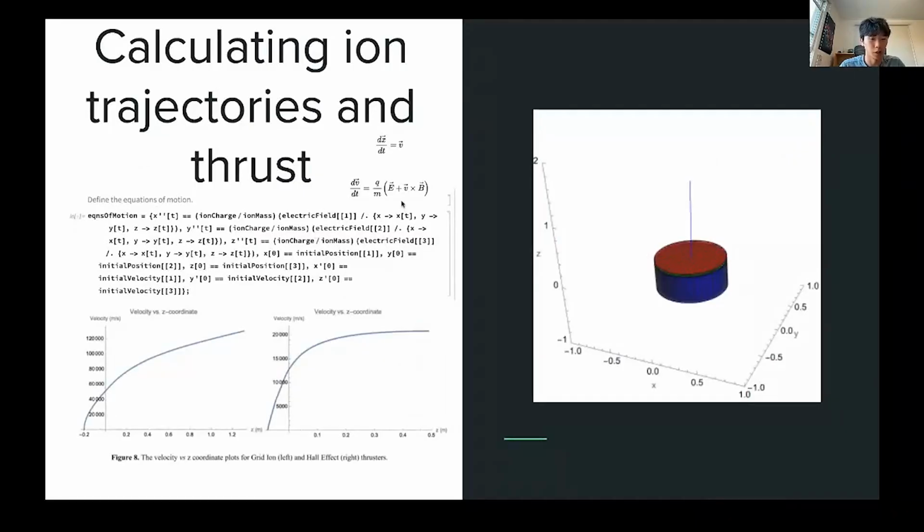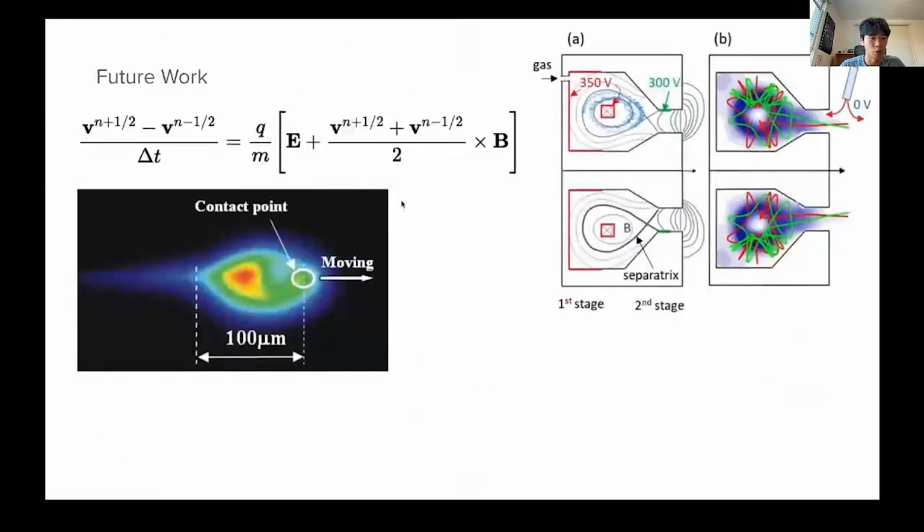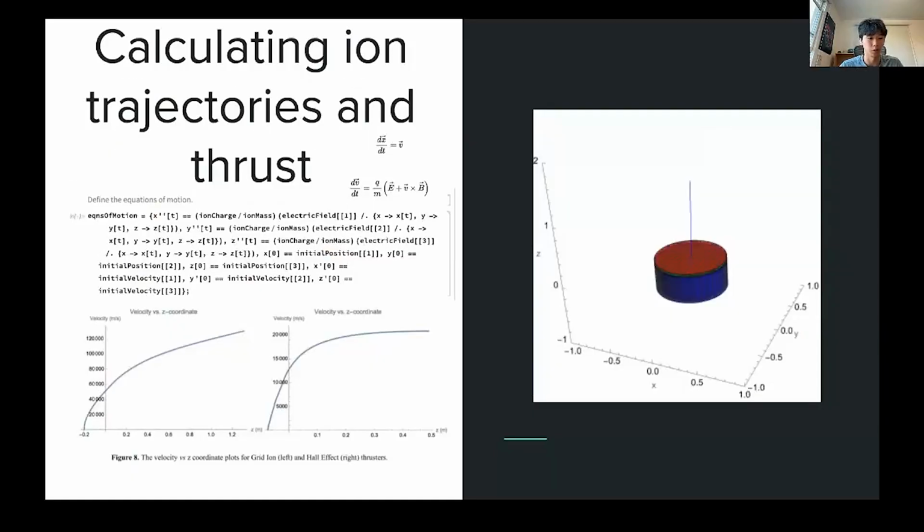I just need to add a separate temporary variable to calculate the velocity at a time step in between the current time step and halfway to the next time step, and it would be pretty simple to implement in Wolfram.